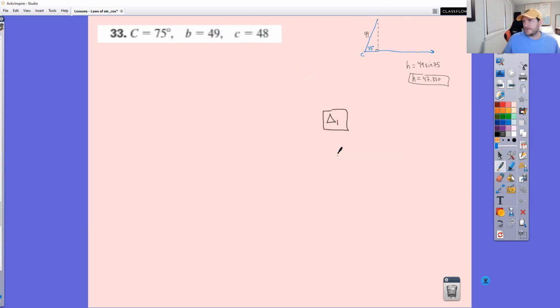And triangle 1 is going to need the measure of angle B, the measure of angle A, and the length of side A. But then there's going to be another solution, triangle 2. And it's going to need a measure for angle B, a measure for angle A, and a side A.